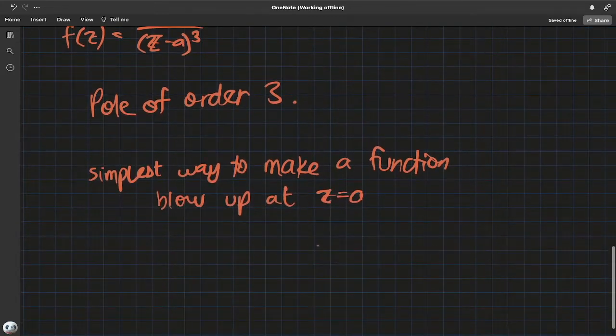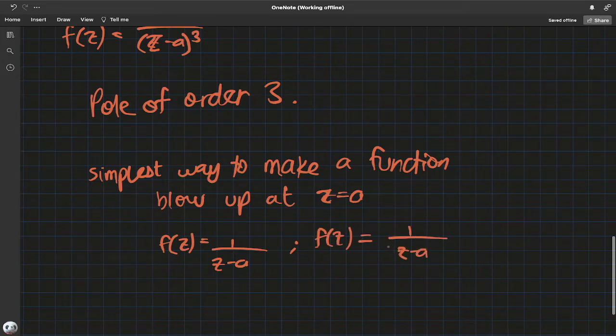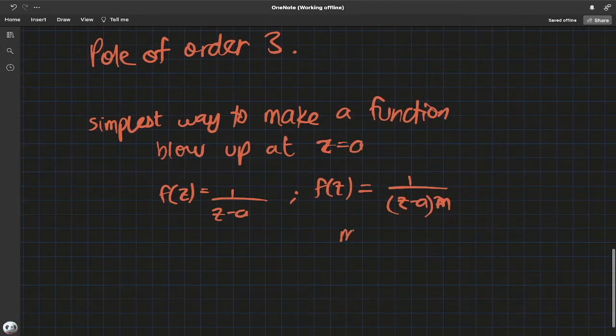And the simplest way of doing that is basically taking that factor in the denominator, which was the first example I showed you. That's why it's called a simple pole, because it's the simplest way of doing it. Then you can also take higher powers of this simple case, which gives you, if you raise it to the power m, an m order pole.